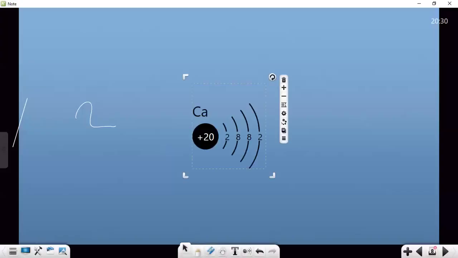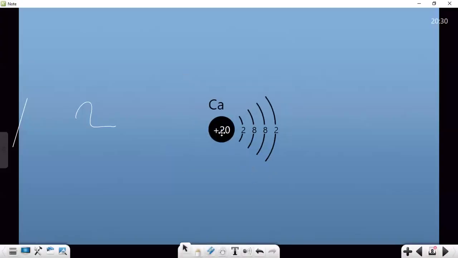Let's check. Oh, calcium. Oh, nice. So I do remember this. First element is what? Hydrogen.